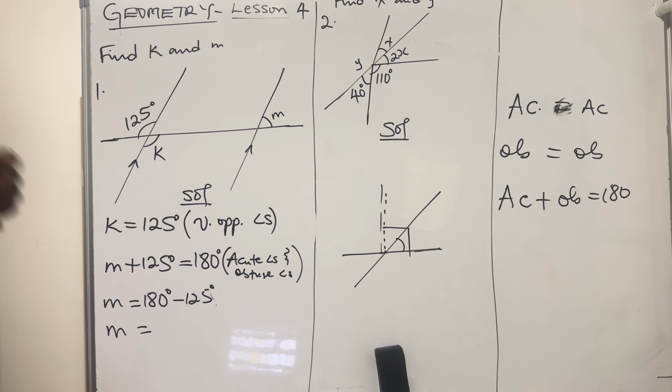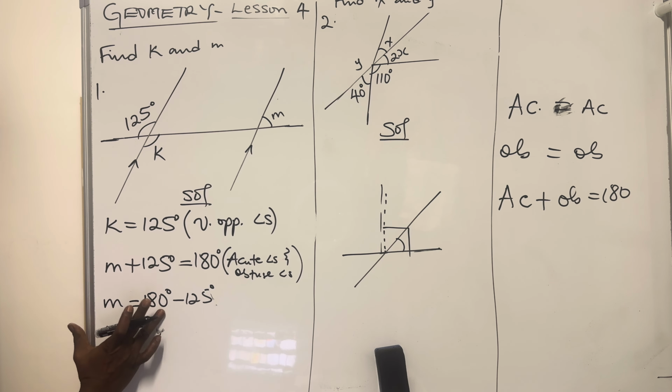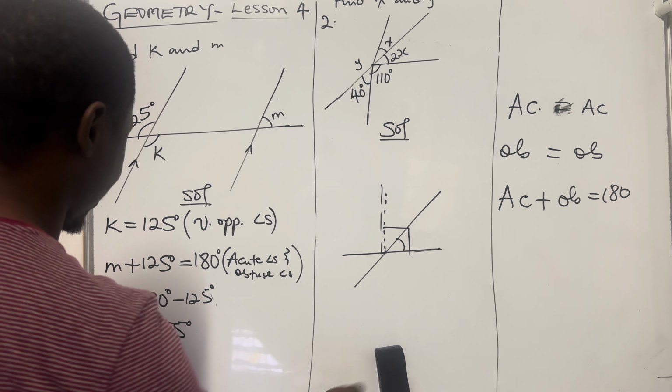So 180 minus 125, what do we get? Oh, sorry. 180 minus 125, we get 55 degrees. So this is what we get.